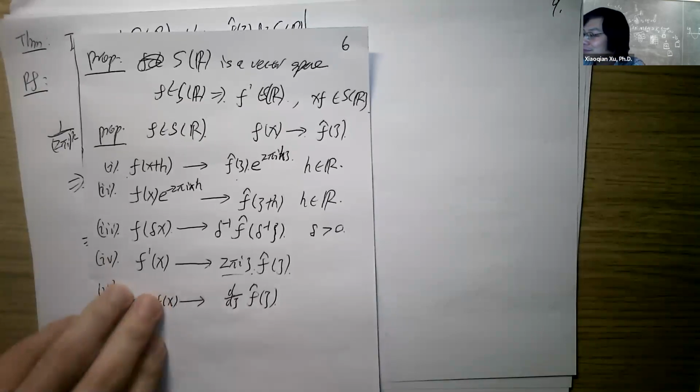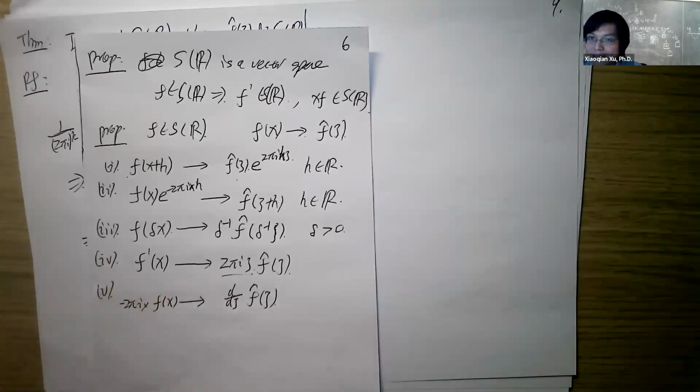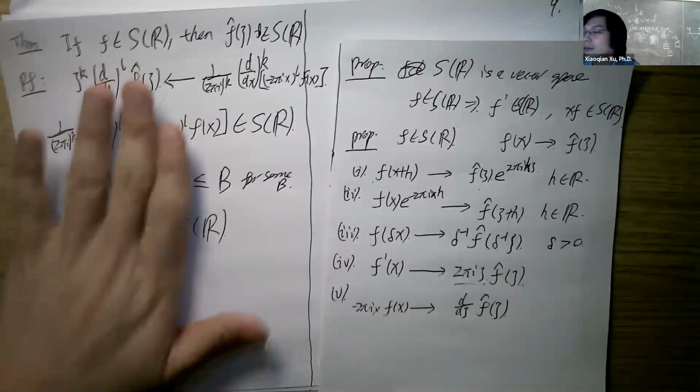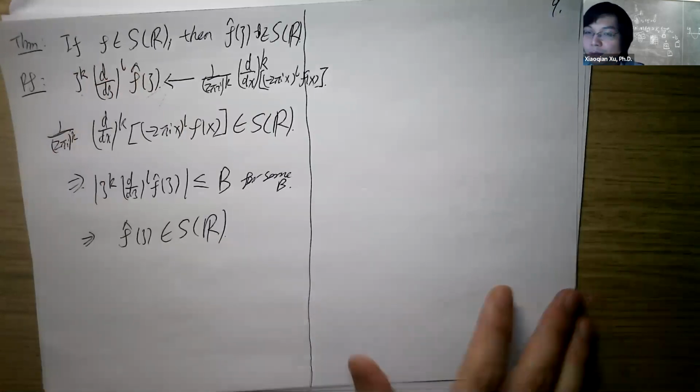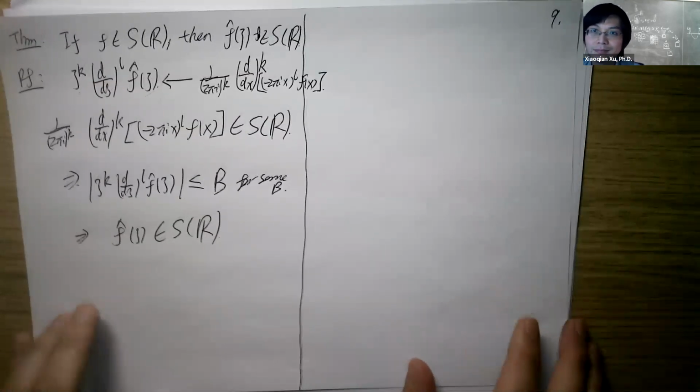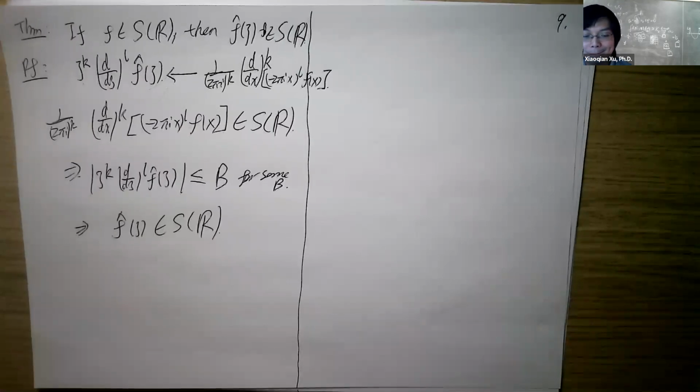And you have a perfect duality between a function and the Fourier transform of this function, simply because of this theorem. If you have one in Schwarz space, the other is also in Schwarz space. Okay. Any question?